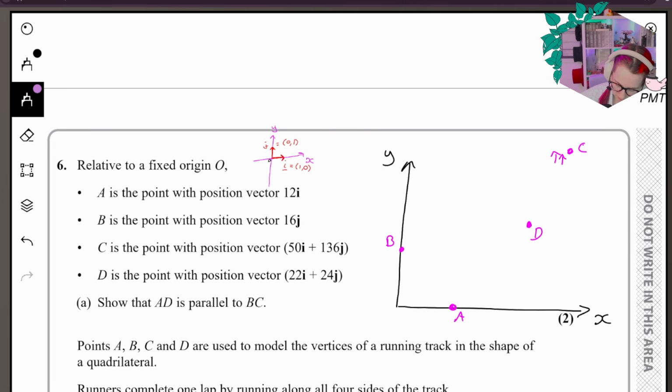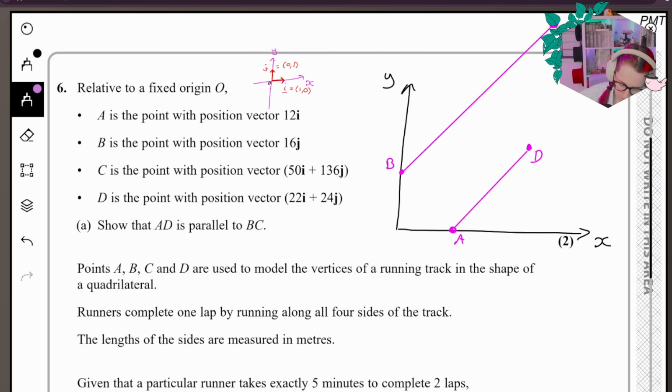Show the AD, so that's this line here, parallel to BC. Okay, well, that gives us some clue of where C should go. So I'm going to draw it parallel and then work backwards. So that's sort of what we're trying to get to, but we want to do it with equations, not just drawing it out.